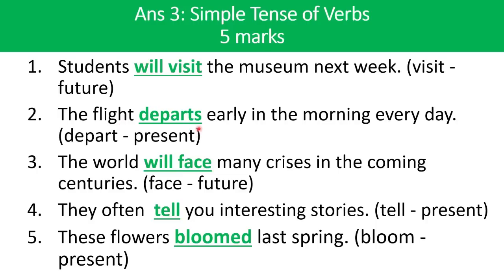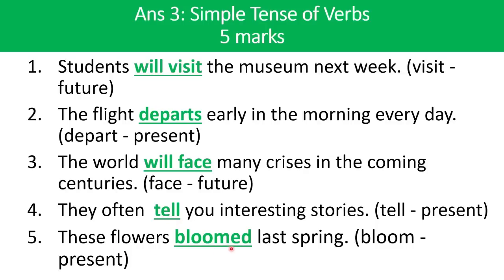Depart, add S. Whereas future you add will, so it becomes will visit or will face. Present here, they is a plural subject. So we don't say tells, we say they tell.